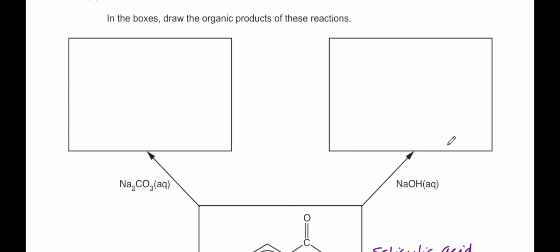Therefore, the resultant product will be, drawing the phenol here first because it's not going to react. And then we have C double bond O, and then this will become a salt here with the minus sign and with Na positive to be shown next to it.